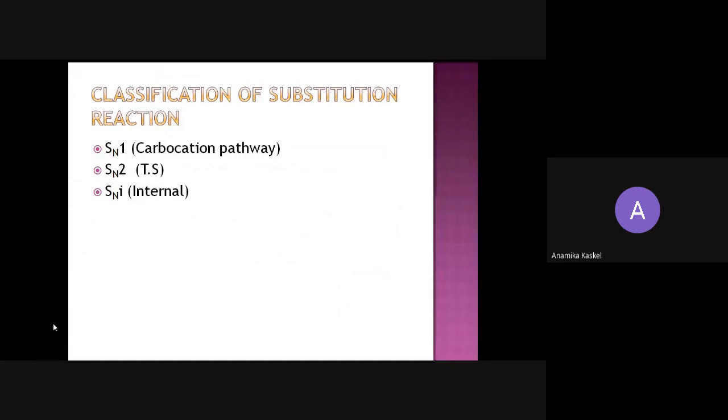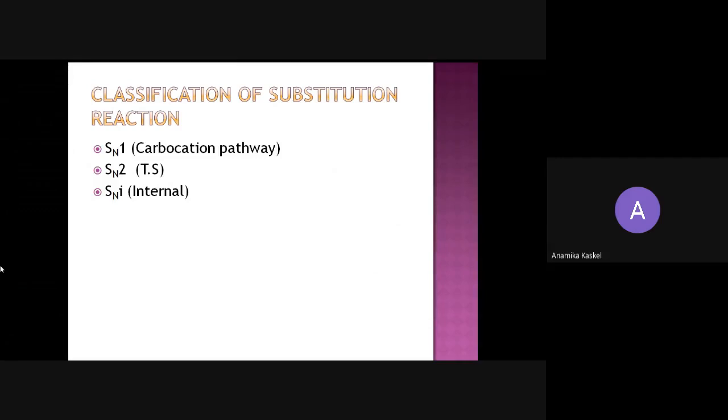That means according to the use of electrophile, nucleophile, free radical, etc., we can divide it into electrophilic substitution, nucleophilic substitution, and the last one is called free radical substitution.